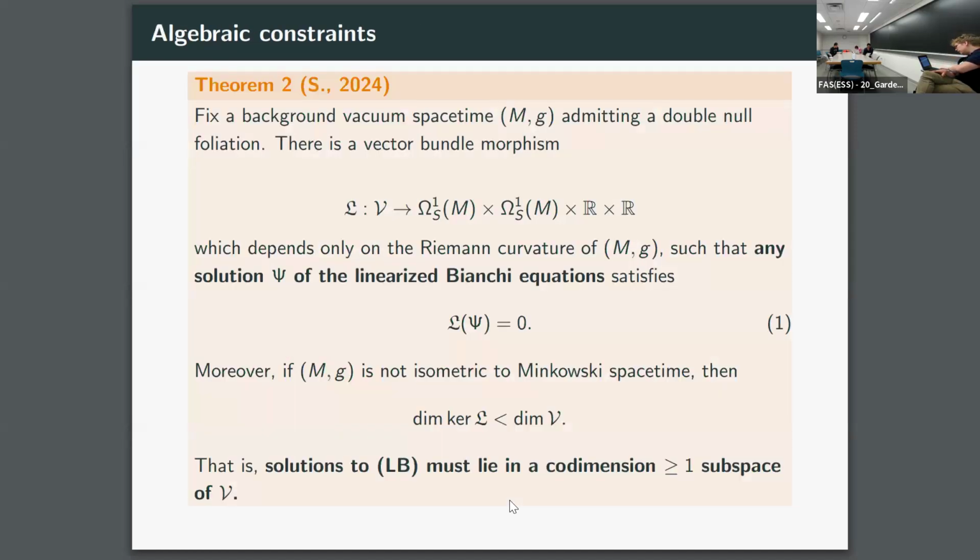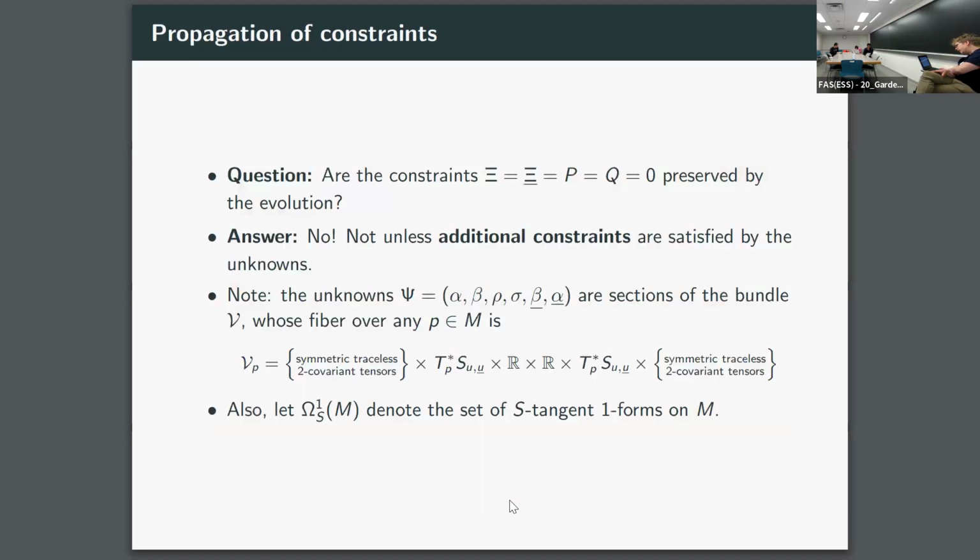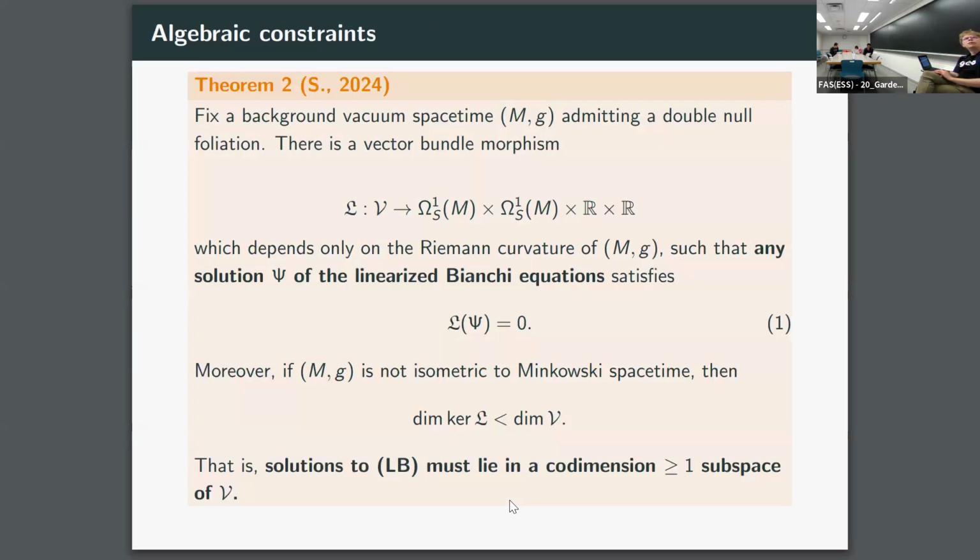Okay, so this is the theorem I'm presenting that answers this second bullet point here, that there have to be some additional constraints. So what does it say? Well, I fix a vacuum spacetime, my background spacetime, with a double null foliation. It turns out there's a vector bundle morphism L that maps from my solution space V. It has some codomain given by the right-hand side.